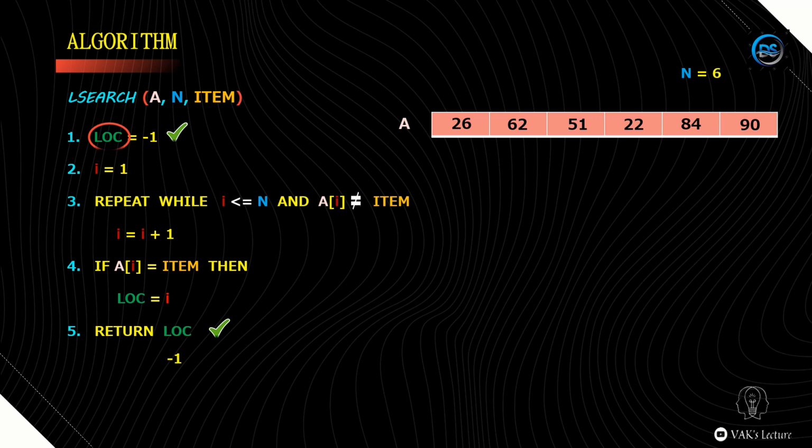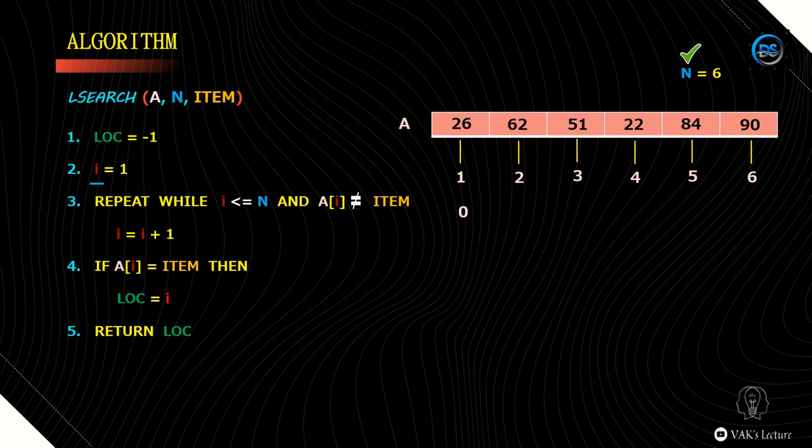And we have taken here I. What is this I? I is a variable for the index. So I will start from 1 and go to 2, 3, 4, 5 and then 6. That means it will go up to n, which is the total number of elements of the given array. And here we started I with 1.